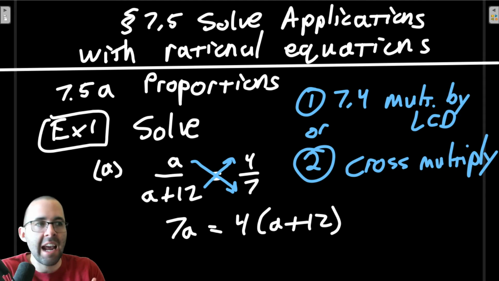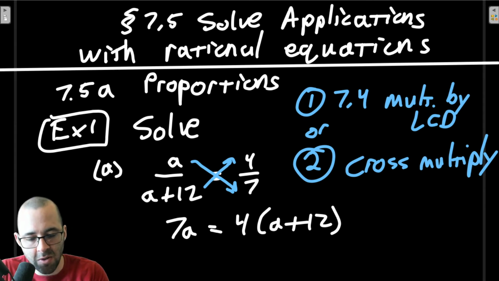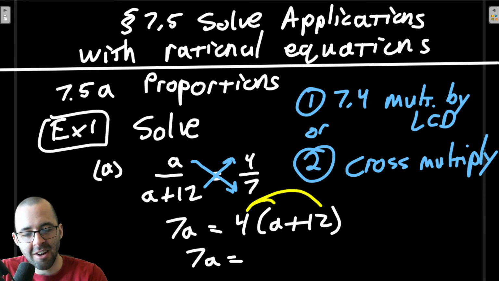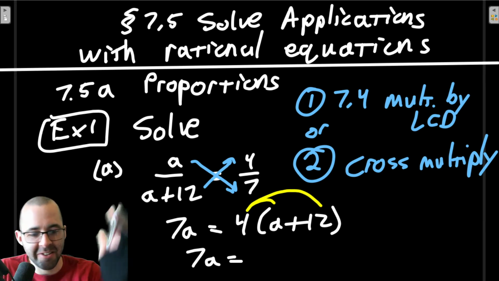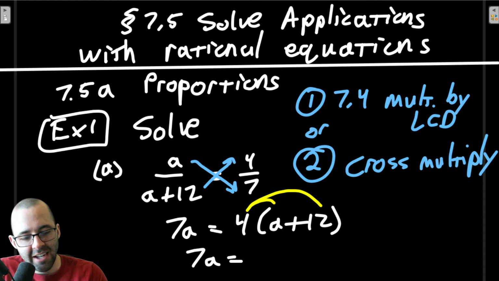So we got to get all the A's on one side and all the numbers on the other side. And so we have to distribute in order to do that. We're going to get 7A. Let's distribute this. Watch this. I really like using colors, but I don't have a lot of colored markers. So I'm going to try to use as many colors as possible today. We're going to have 4A plus 12 times 4 is 48.